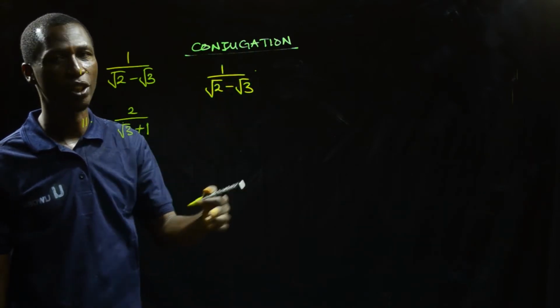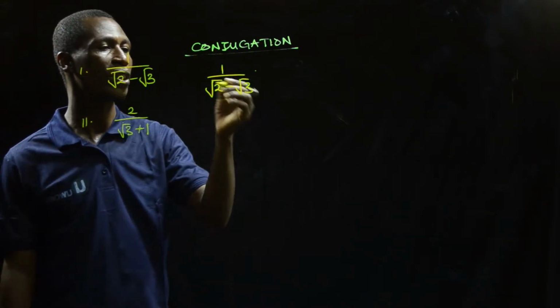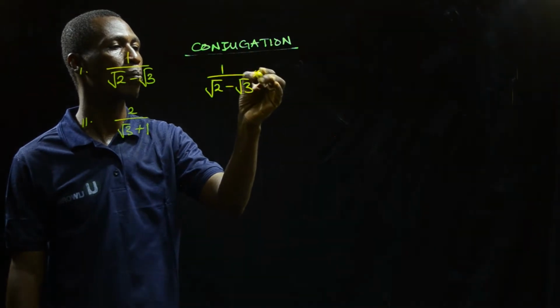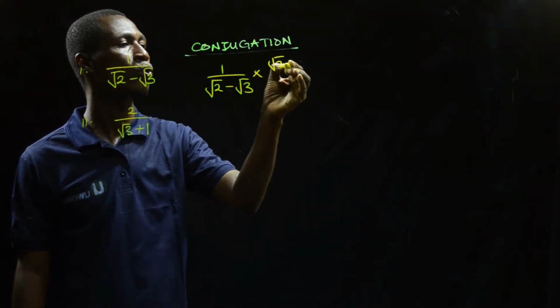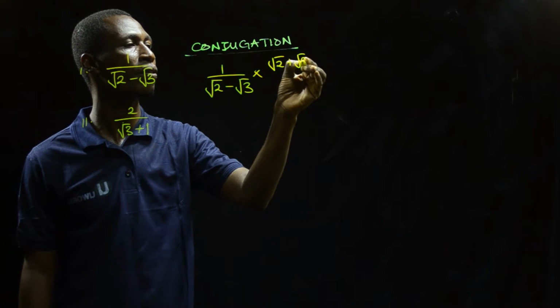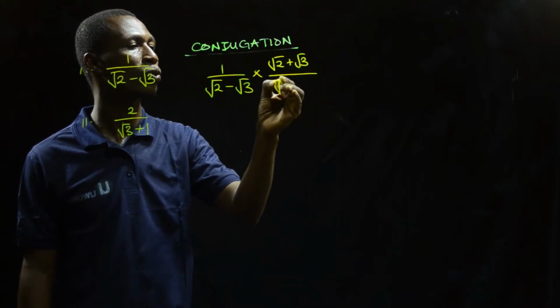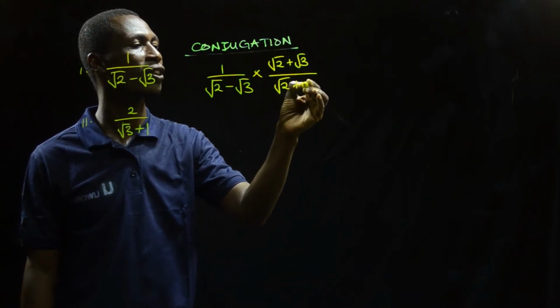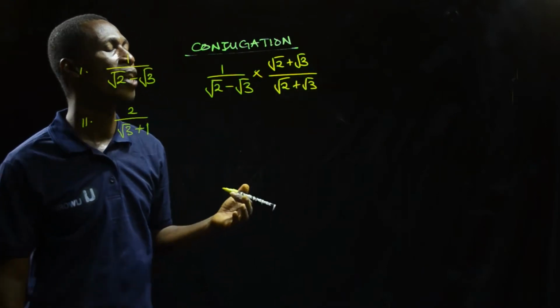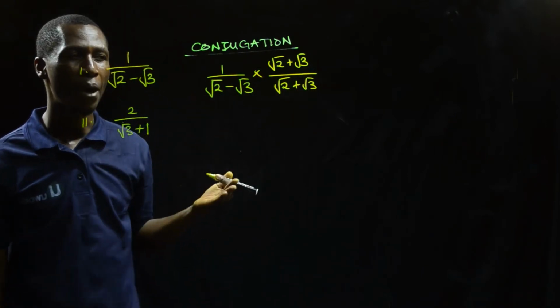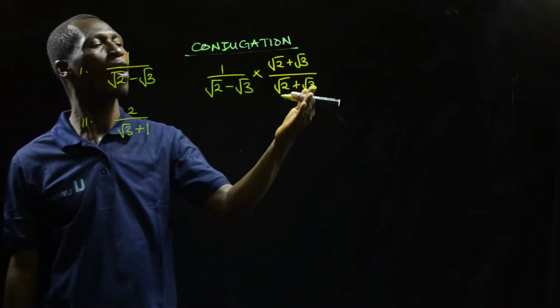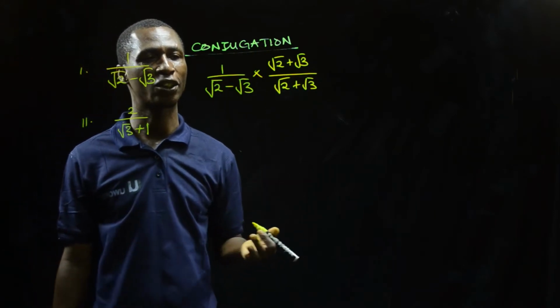If it is negative, it becomes positive. So in a case like this, we are going to multiply through by root 2 plus root 3 on root 2 plus root 3. The idea behind this is to make the denominator a perfect square, in such a manner that we won't have anything rooted at the denominator.